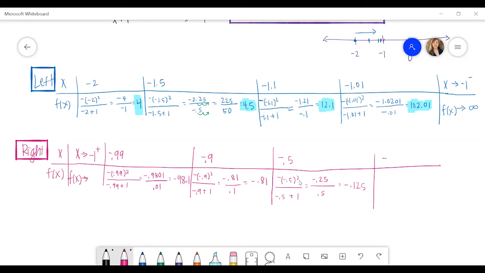And let's do not negative anything. How about just 0? So that would be 0 squared, I guess negative out front, and 0 plus 1. So top is 0, bottom is non-zero, which means we get 0. So again, remember, sometimes the right side feels a little backwards because we are moving this direction.